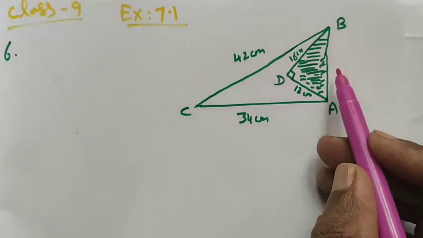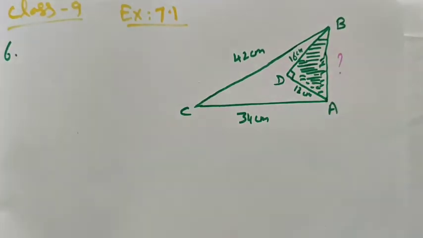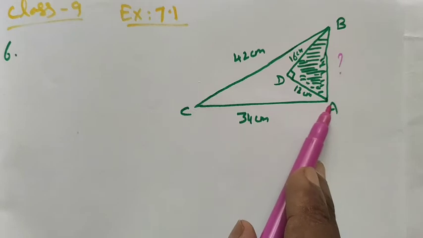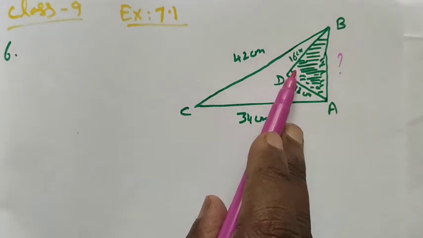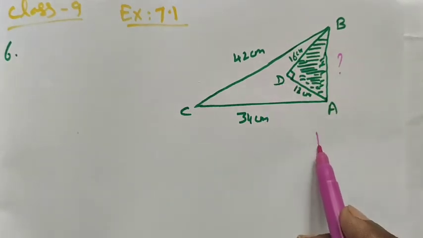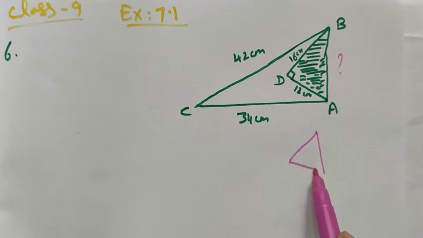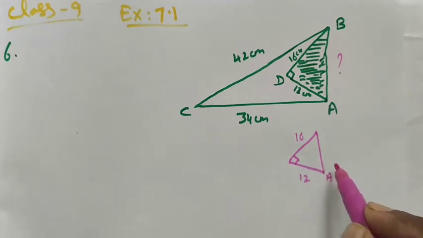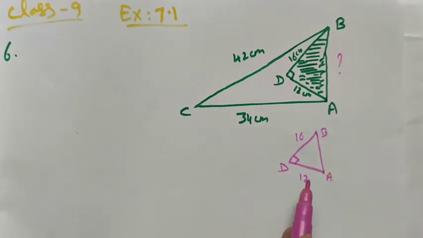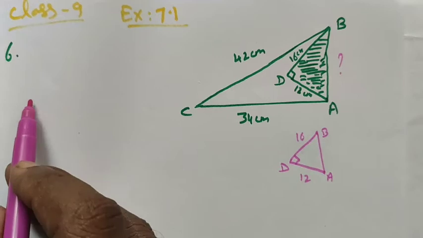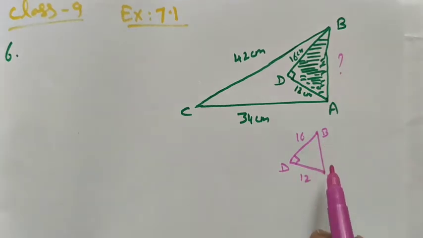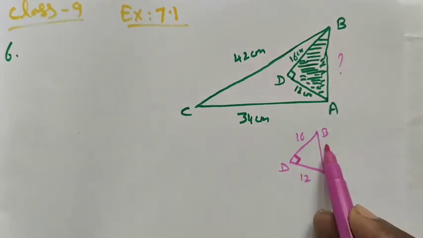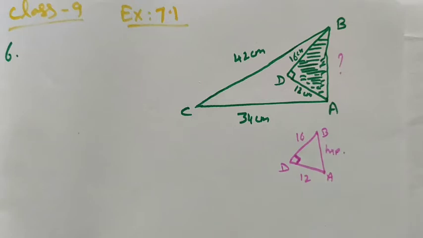First of all, we want to find the area of the triangle ADB, which is a right angle triangle. This is 90 degrees, this is 12, this is 16, and this is an unknown value. By applying the Pythagoras theorem, we can find the hypotenuse side. This is the 90 degree, so this is the hypotenuse side.